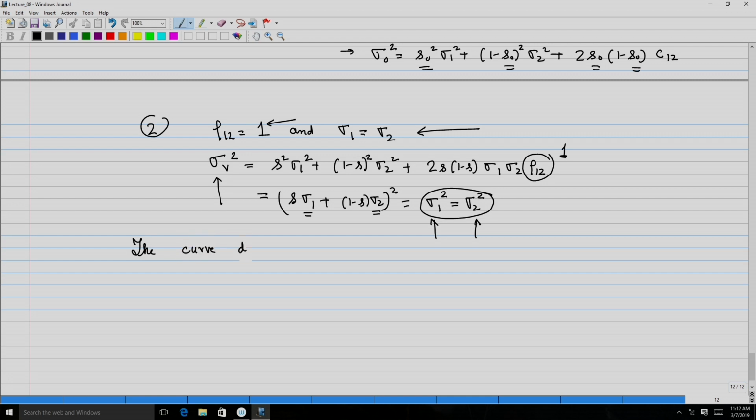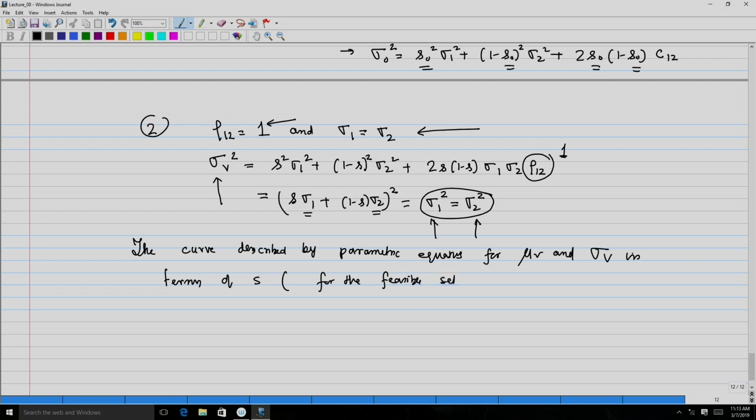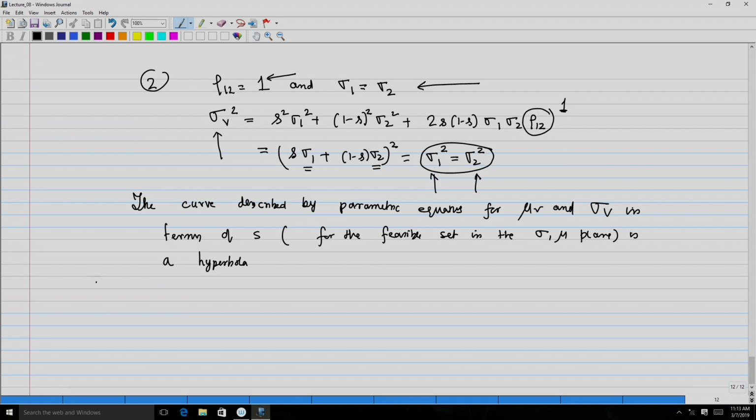The curve described by parametric equations for mu v and sigma v in terms of S for the feasible set in the sigma mu plane is a hyperbola, and we will see how this is a hyperbola. We will state this as a theorem.